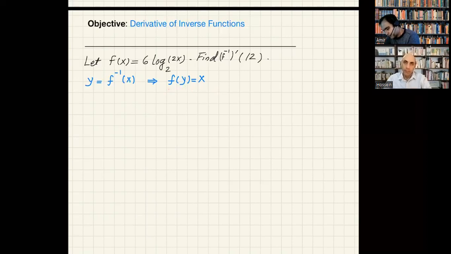The trick I'm going to use is that it's not in terms of x, it's in terms of y, and y itself is in terms of x. So I'm going to use the chain rule. In this case, we have df over dx is equal to df over dy times dy over dx.